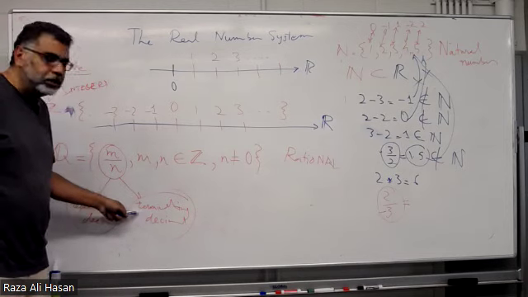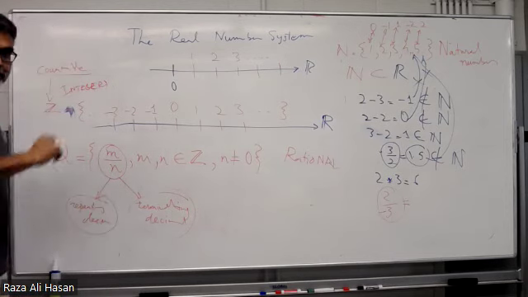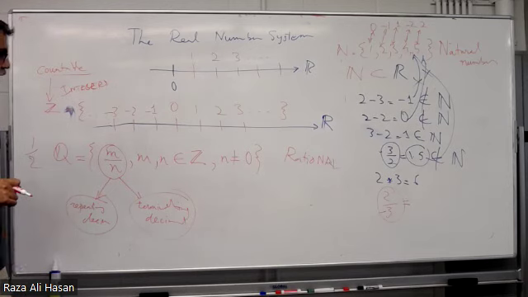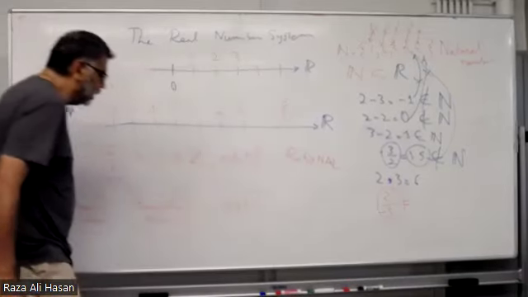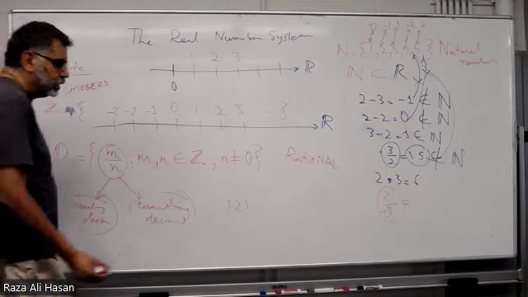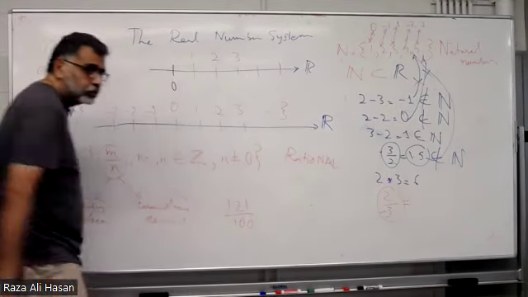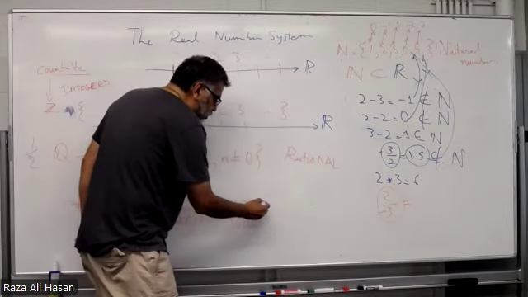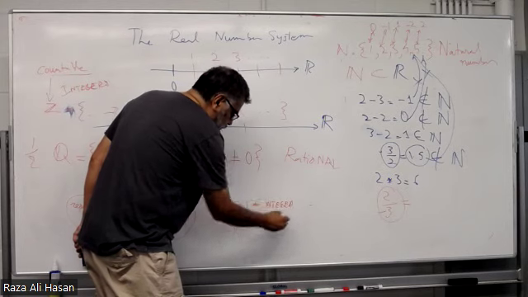If you have a non-terminating decimal, like pi does not terminate, square root of 2 doesn't terminate. For instance, this is a fraction that can be represented as an integer over an integer. This is an integer. So is this.